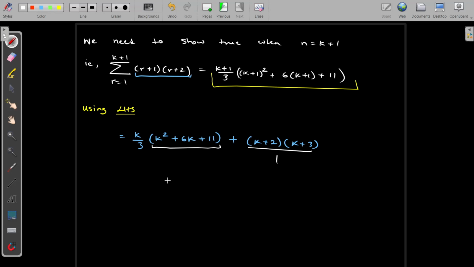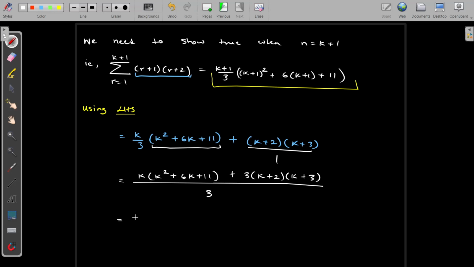LCM here would be 1. This would be 3. Alright, so that's what we have so far. And we can distribute and then see if we can simplify after.